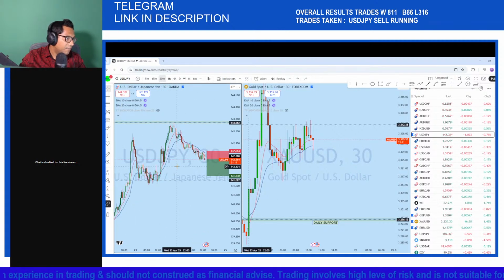But this gap, when there is an order block, this gap is where there is an imbalance.